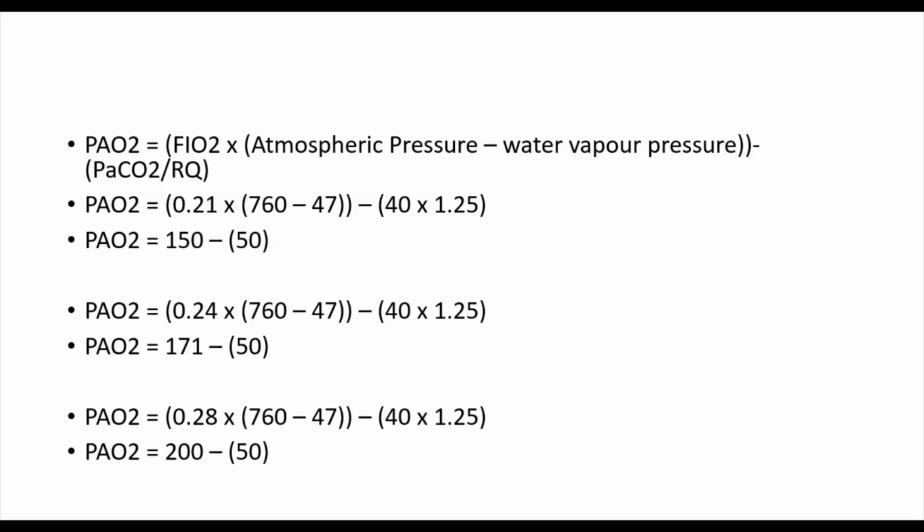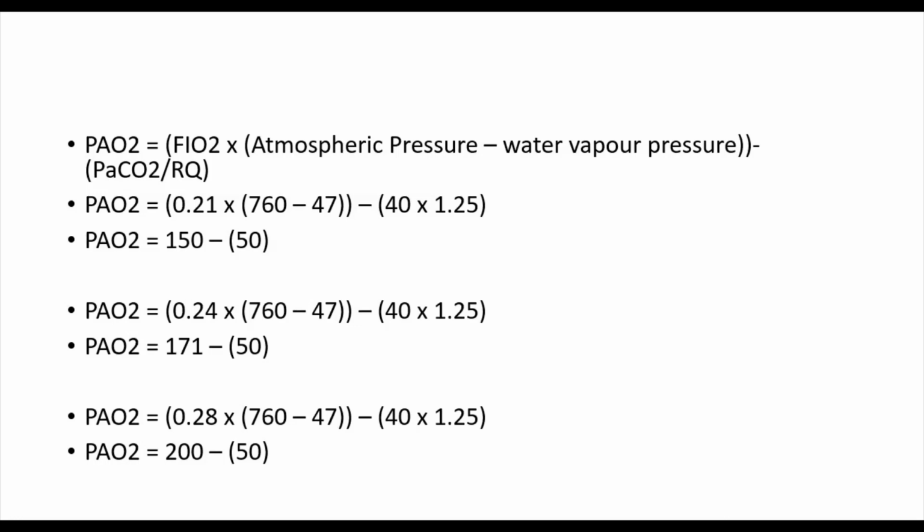But say even if your AA gradient was increased to 50 and your alveolar PaO2 is 150 because you're giving 2 liters per minute flow rate of nasal prong oxygen, you would therefore expect the arterial pressure of oxygen to be 100, because if you have an alveolar pressure of oxygen of 150 and an arterial pressure of 100, that would give you an AA gradient of 150 minus 100, which would be 50.